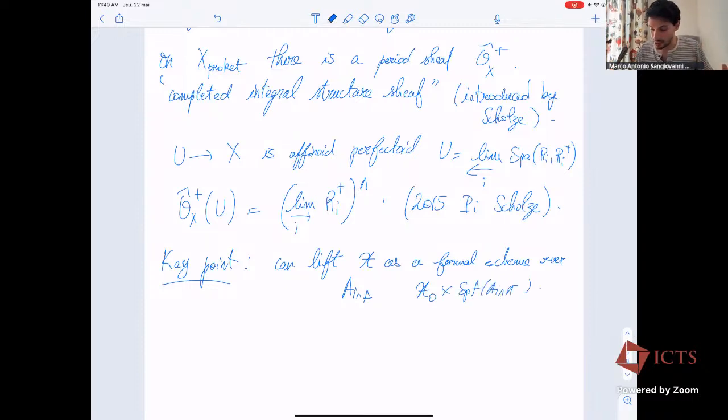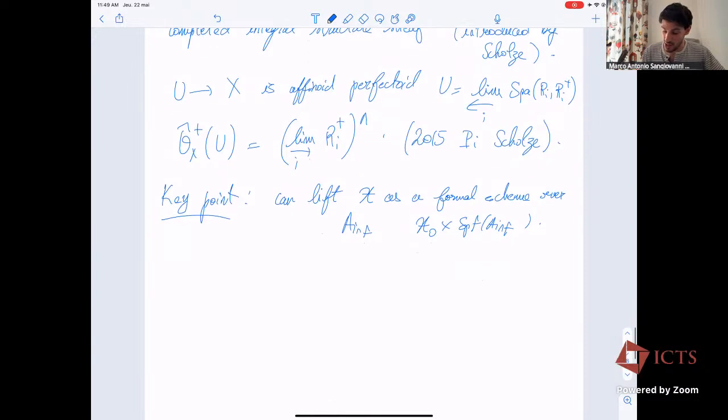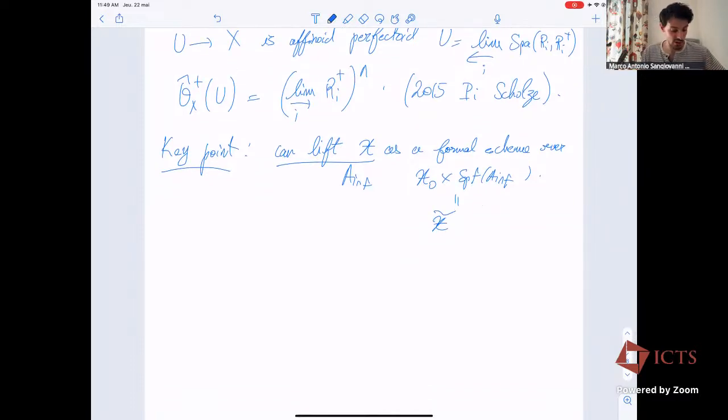This is the key tool needed to define the Faltings extension. And this lift, I will denote it by X tilde. This lives over A_inf.